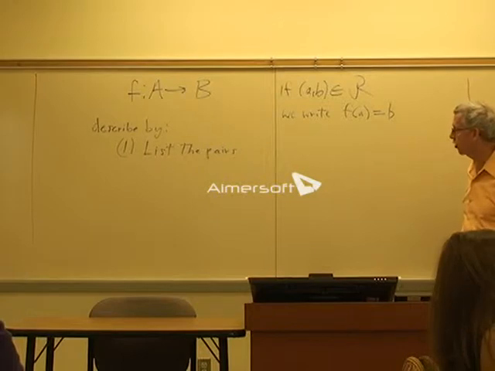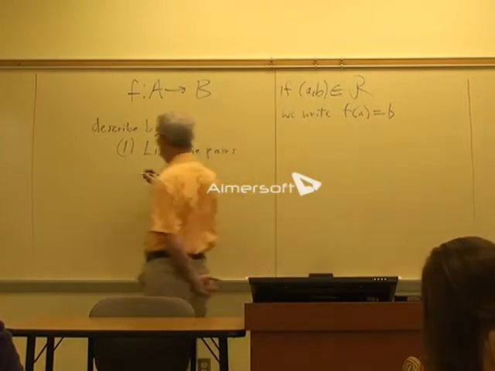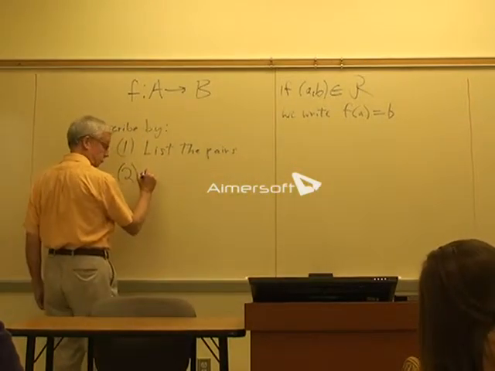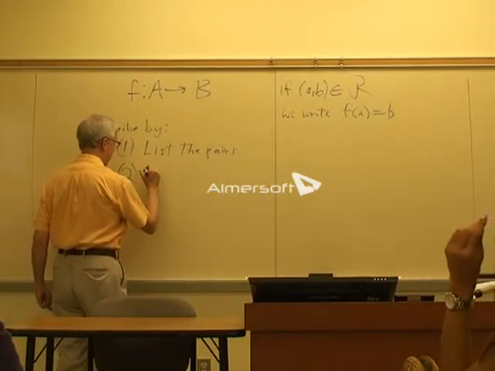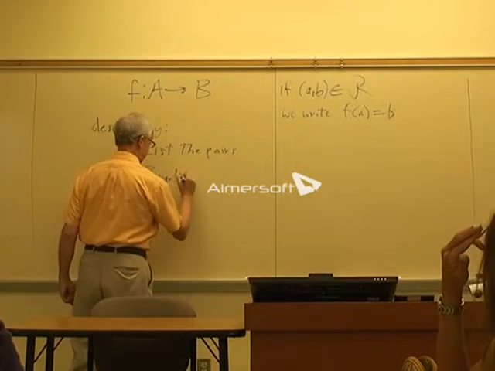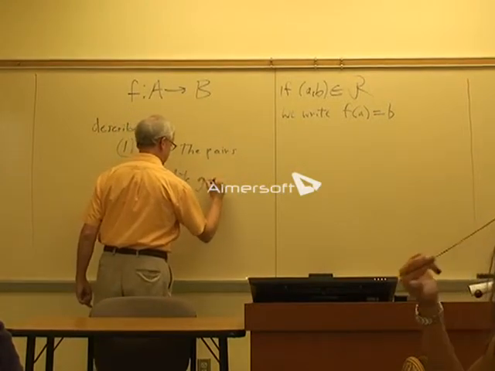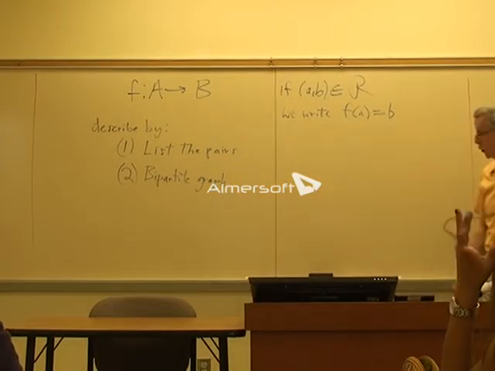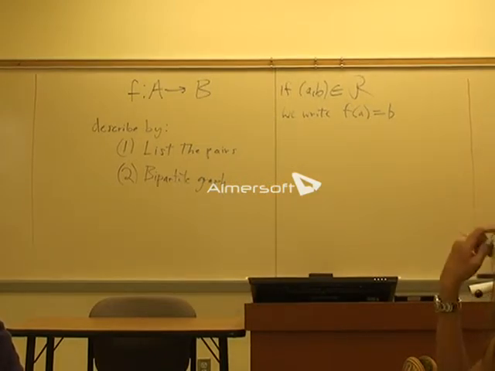I just list the ordered pairs. We'll give some examples of this in a bit. Another way that's equivalent to this is with a bipartite graph, which is just fancy language, and I want to put that one up as an example. You've actually done this, you just didn't know the name of the thing.